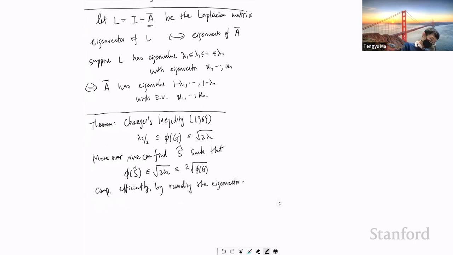Suppose U2, the second eigenvector, has coordinates beta 1 up to beta n.